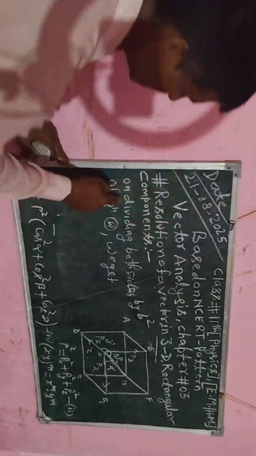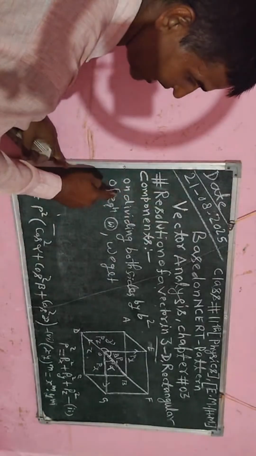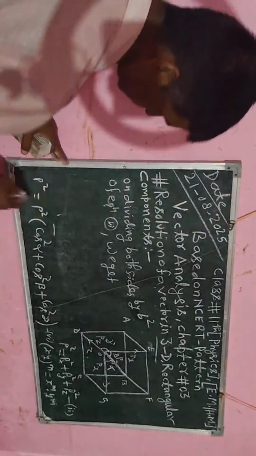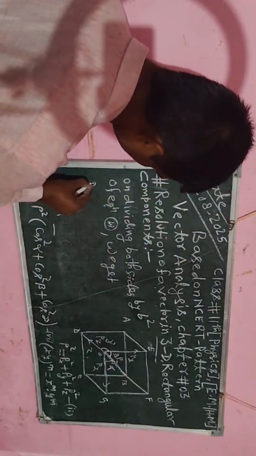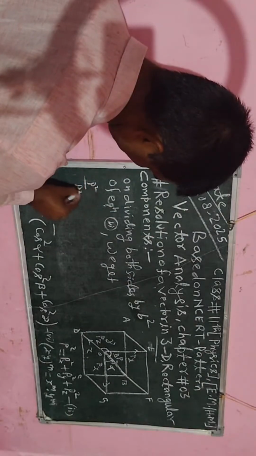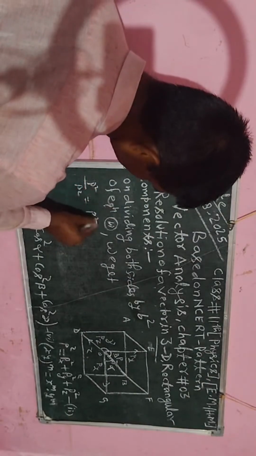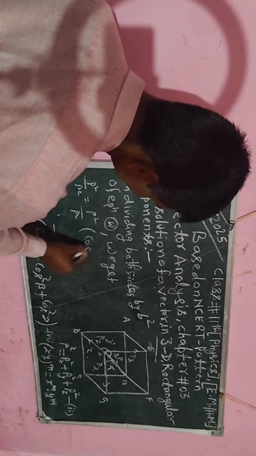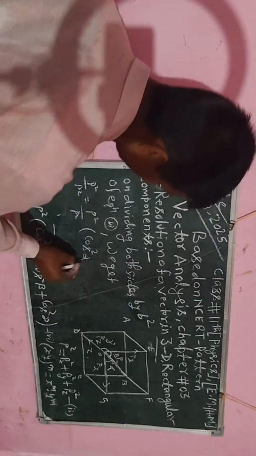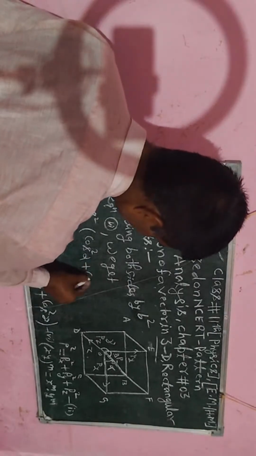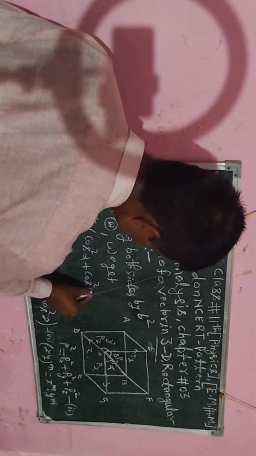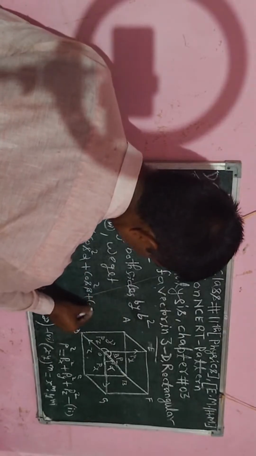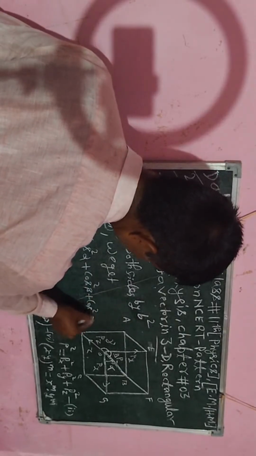So this is the statement, and I have to follow it and then write. Here I have to indicate P square divided by P square, which is equal to P square divided by P square, and in the bracket I write cos square alpha plus cos square beta plus cos square gamma.